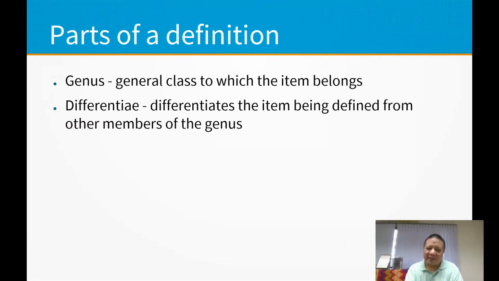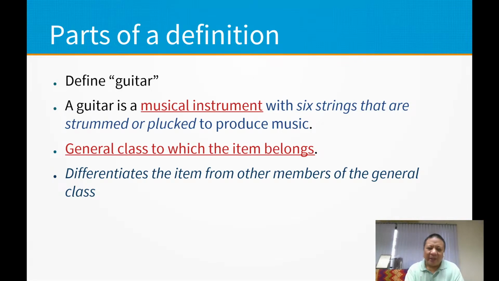So genus and differentia. Here's an example. Let's define guitar. A guitar is a musical instrument with 6 strings that are strummed or plucked. Okay, so a guitar is a musical instrument. But then, class, there are many musical instruments. You have piano, drum, xylophone. They're all members of the same domain.